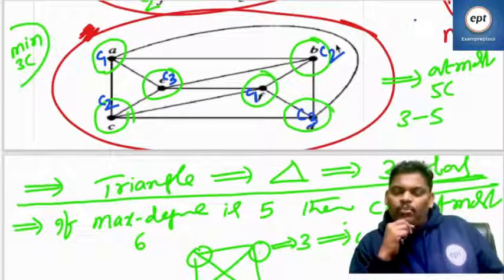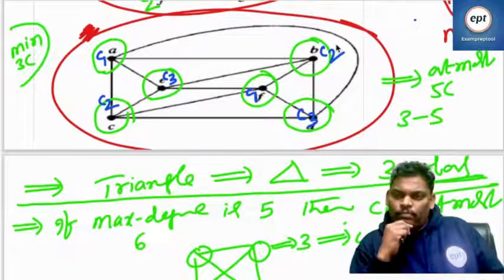If anyone got more than 3, if anyone says 3 not possible, let me know. There is no algorithm, manual checking only.